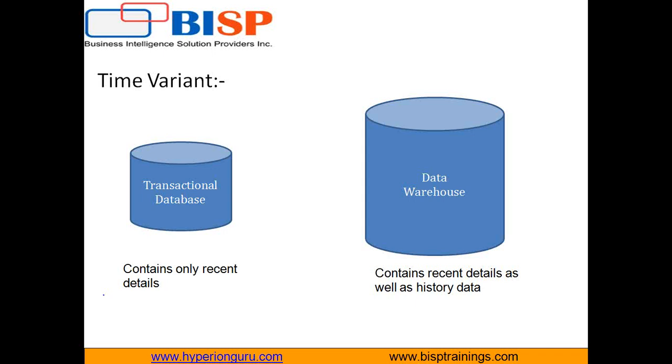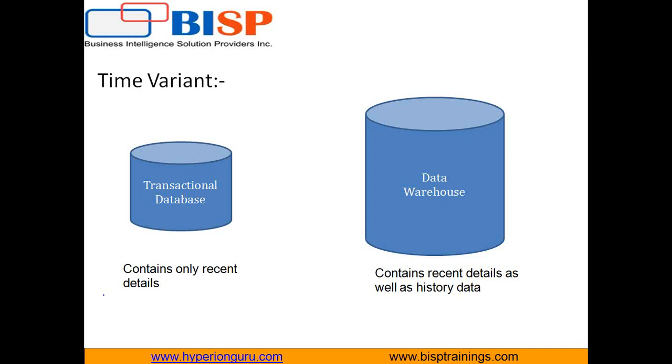Why is it called time variant? Because it not only stores the recent data, but also the previous versions of the record, along with the history of the data.